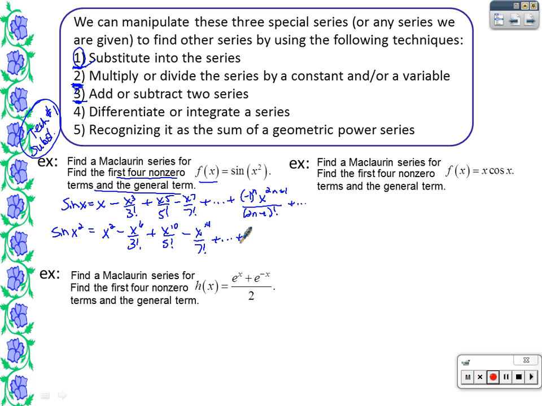They want the general term, so let's go ahead and rewrite the general term for this newly created series. We still alternate in the same way. We have x squared to the 2n plus 1 instead of the x, and you can write it like that, or you can write it in a different way. You can distribute the 2.